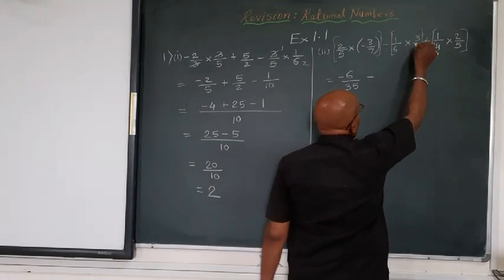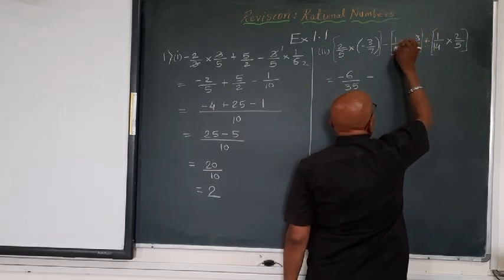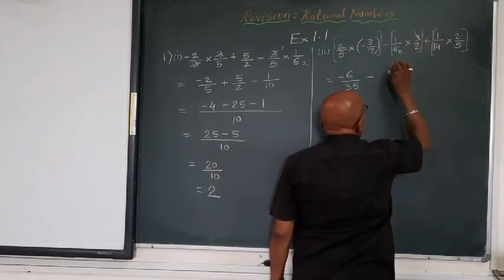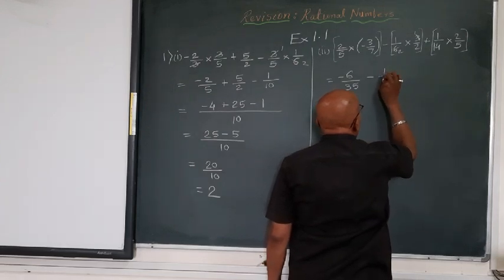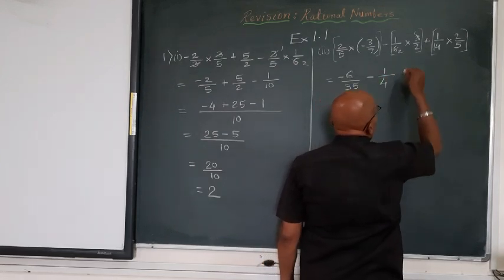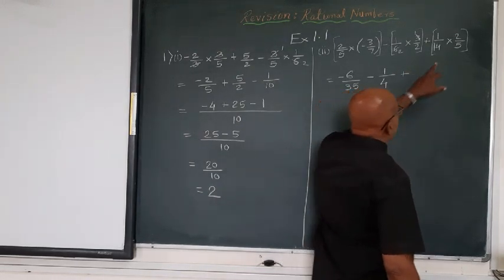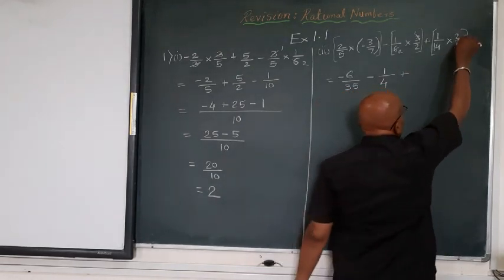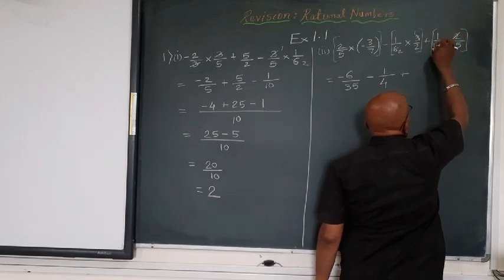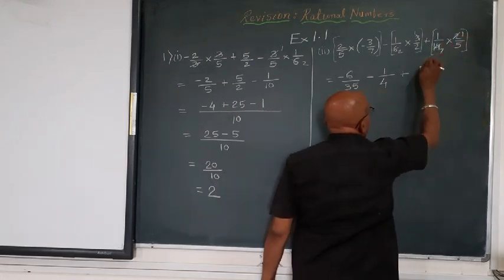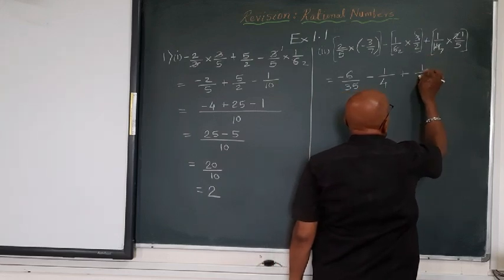Now here you can cancel this, you can get 2 here, and here 1. So it will be 1 upon 2 into 2, 4, and then plus. Here again it can be cancelled. Here we can get 7, and here 1. So 1 upon 7 5s are 35.